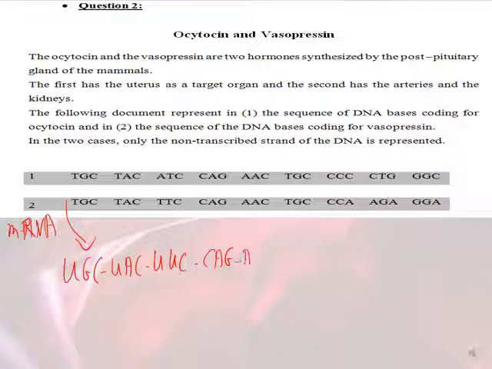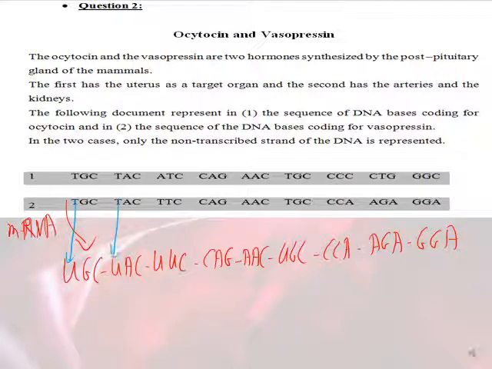CAG, AAC, UGC, CCA, AGA, and finally GGA. Let's note here what's the difference between them. Here T is replaced by U, and here T is replaced by U. These two T's are replaced by U, and then we have this T replaced by U. Okay, so this sequence will code for the amino acid sequence of vasopressin.